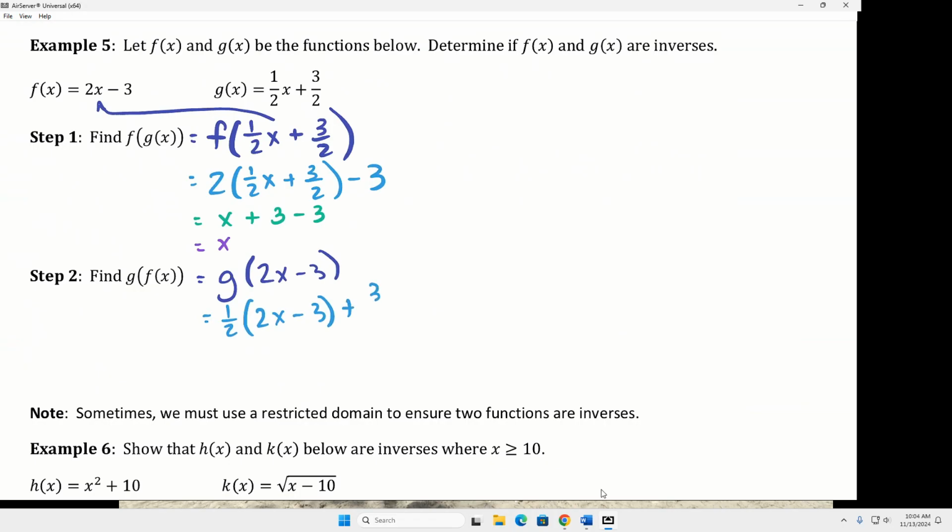And then I'm going to add 3/2 to it. All right, so actually do that multiplication. So it's going to be x minus 3/2. And then negative 3/2 plus 3/2 is just going to give you x in the end.